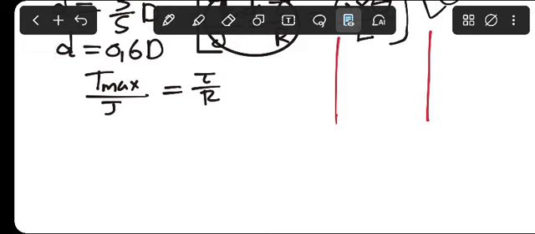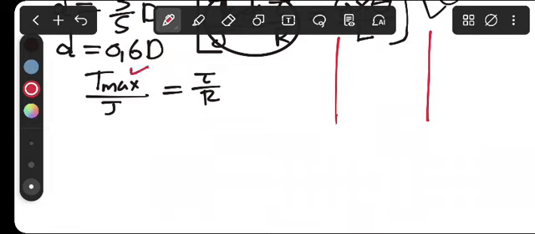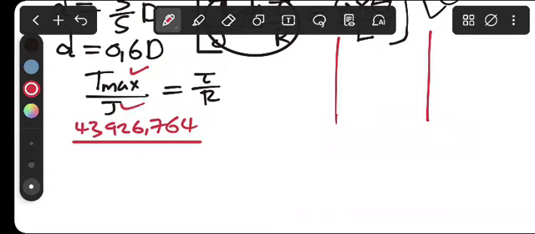All right, we had the torque whereby we were supposed to play around with this maths. It was 43926.764, the maximum one, over, remember we're dealing with the hollow shaft, guys.